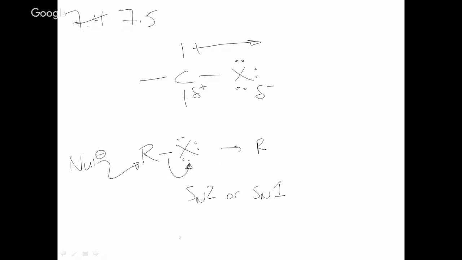Okay. And you're going to form a new bond, nucleophile-R, and you're going to release an X minus. Okay. It's substitution. And again, these R groups, we're talking about sp3 hybridized, okay? Not the vinyl, not the aryl. We went over that at the very beginning of this lecture.